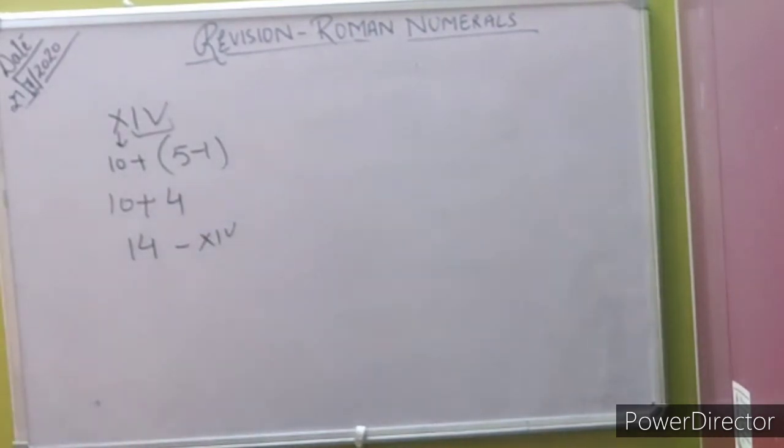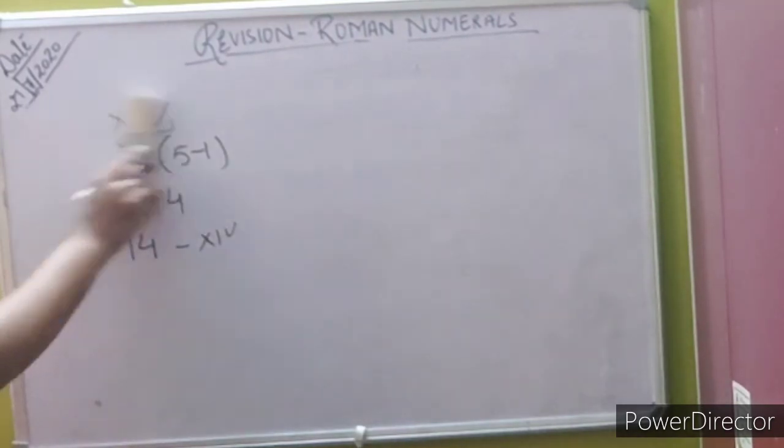Now writing Roman numerals for Hindu Arabic numerals: 10, 20, 30, 40, 50, 60, 70, 80, 90, 100.